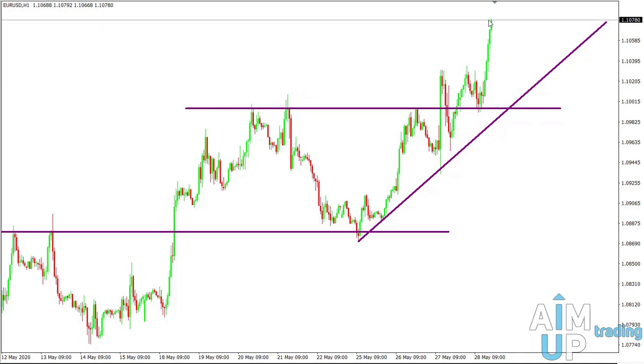If your strategy is 1 to 3 risk to reward, and you already gained this 1 to 3, you better close it. Don't get too greedy.